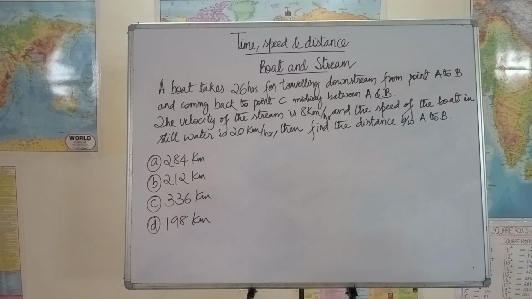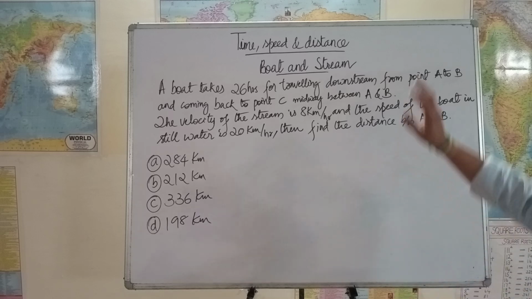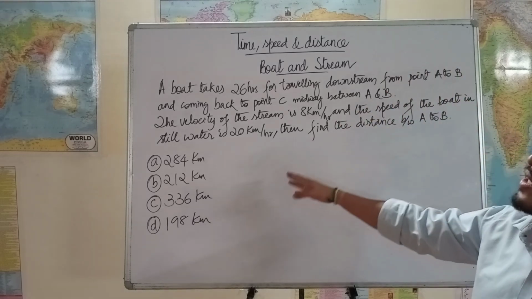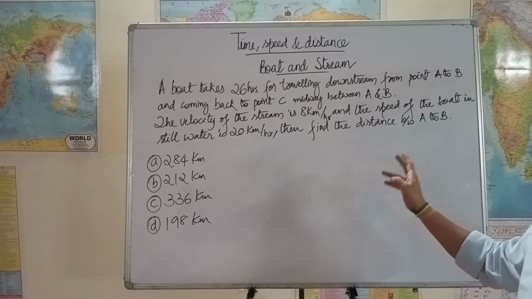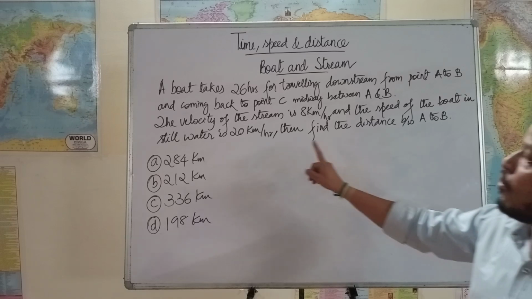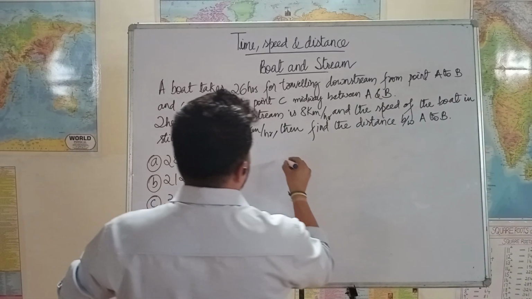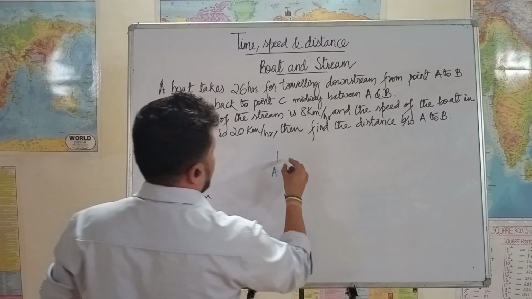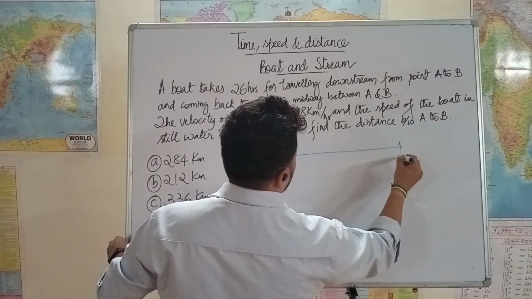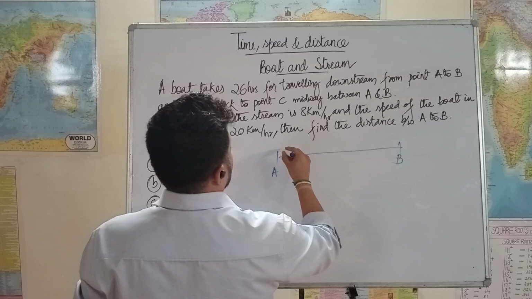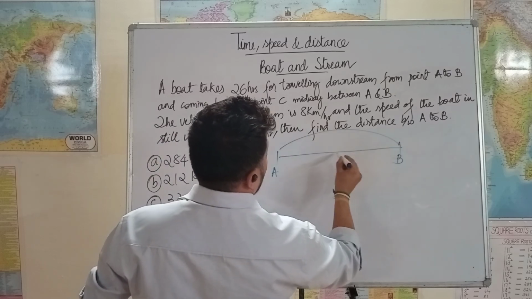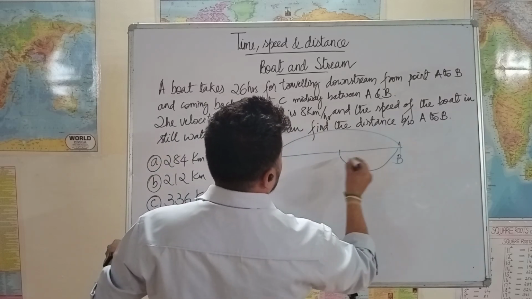Okay, we have an interesting question here. A boat takes 26 hours for traveling downstream from point A to B and coming back to point C midway between A and B. It has not come back completely, nor gone only one side. It took 26 hours to go from A here and come back to the midpoint.